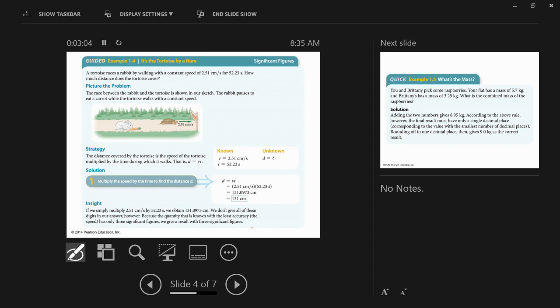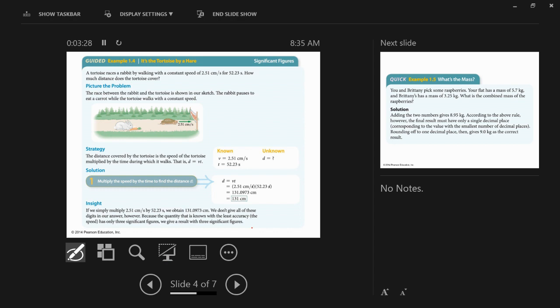So we got a tortoise and a rabbit. We've kind of sketched it out. The tortoise is going 2.51 centimeters per second. That's one of the things that we're given. And we know that the tortoise's time is 52.23 seconds.